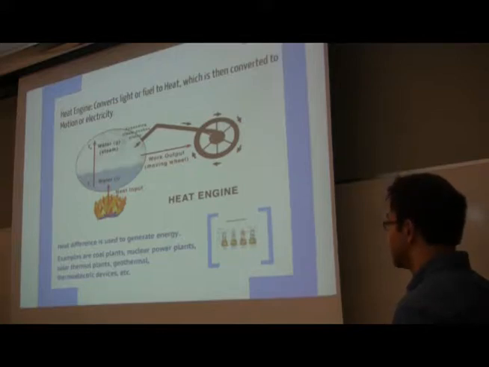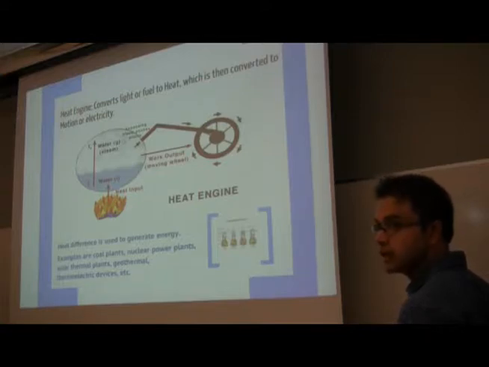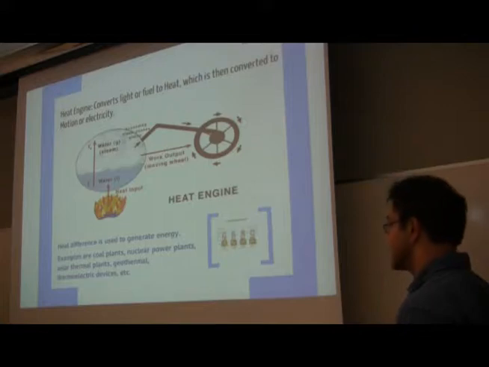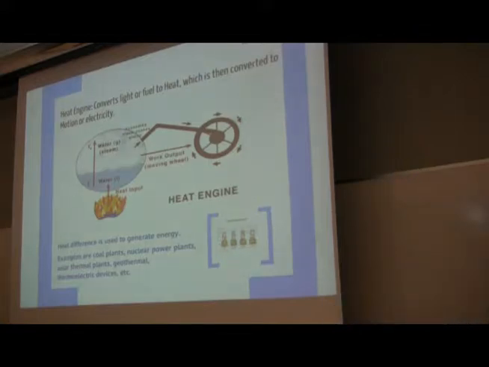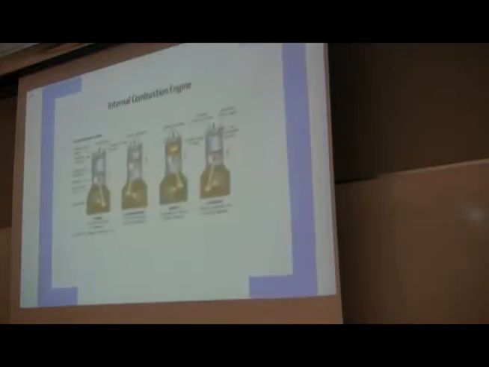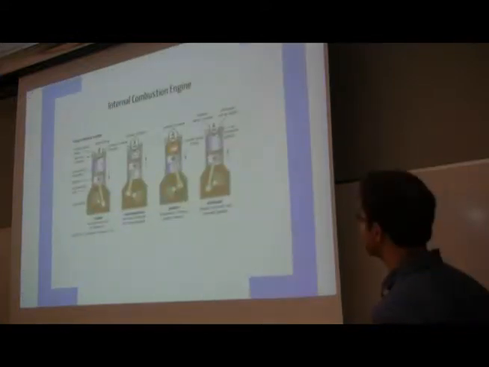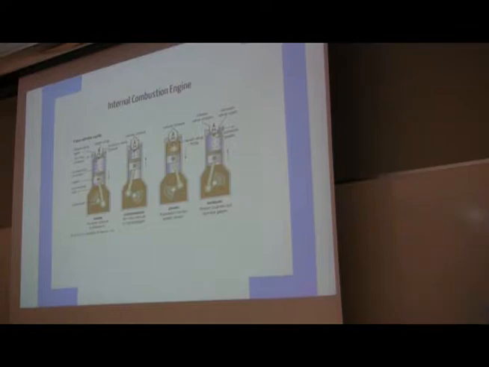Thermoelectric devices, we very briefly talked about it in one of the first lectures. Essentially, that generates heat from electricity. Clearly, it's a very inefficient process, so it's just mentioned there. Not so important.